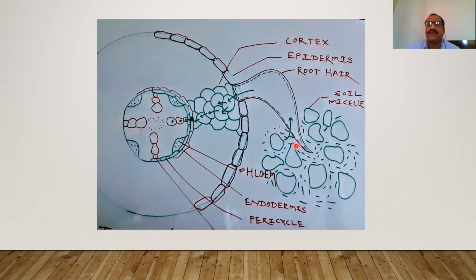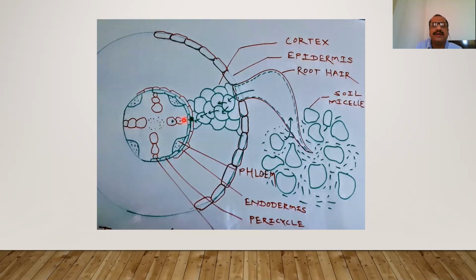Now, there are some objections to this theory. Some scientists say that when water enters the xylem vessel from the pericycle, there is one problem. That problem is that the cell sap of xylem is already dilute, because xylem are water conducting vessels. There is plenty of water.